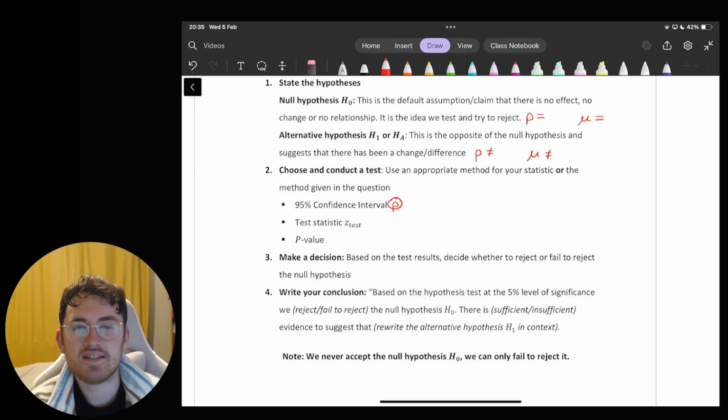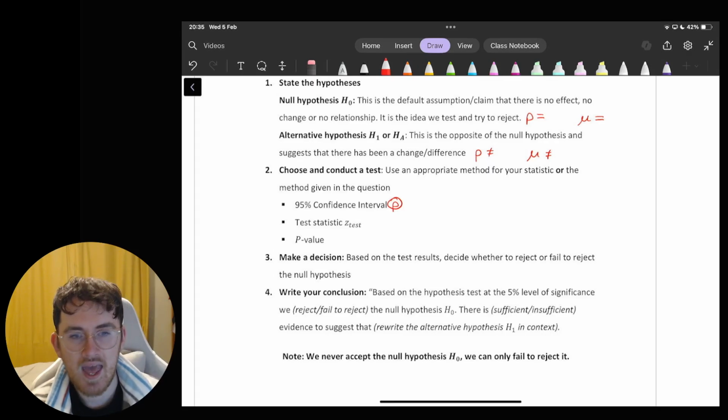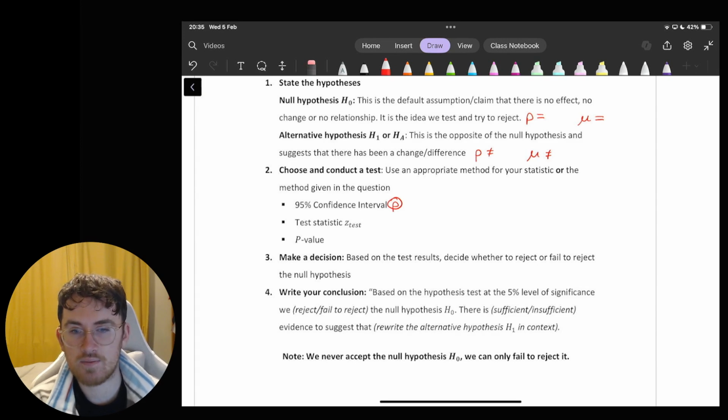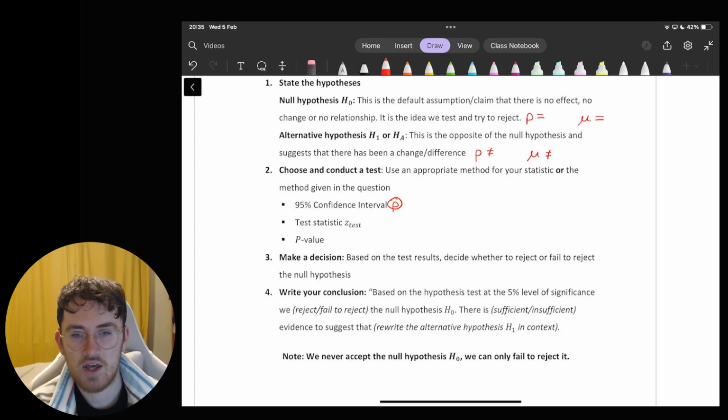We will then make a decision based on the test results. We decide whether we will reject or fail to reject the null hypothesis. How we come to that conclusion is going to depend largely on the method of testing that we're using, and we'll look at how that can be decided and interpreted. Then we write a conclusion based on our decision.